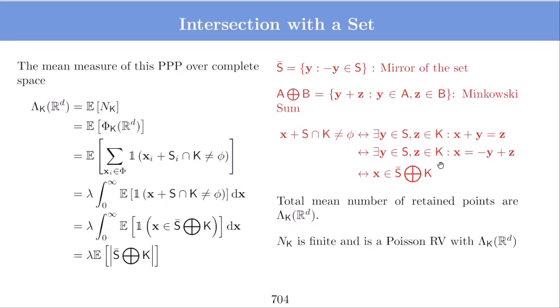And we can also say this in another form: x should be equal to minus y plus z, right? So there should be one y and one z such that x equals minus y plus z.